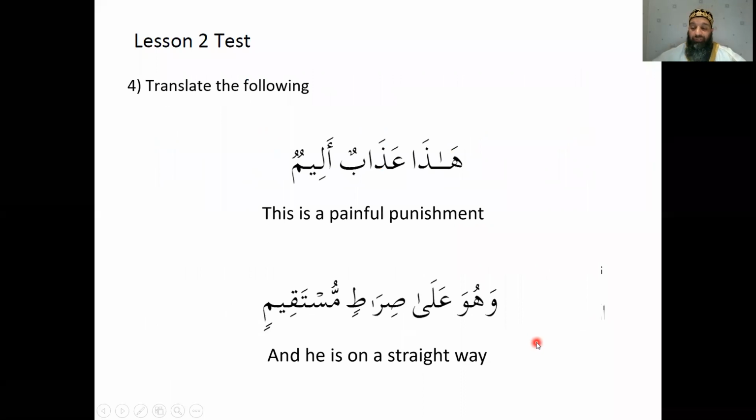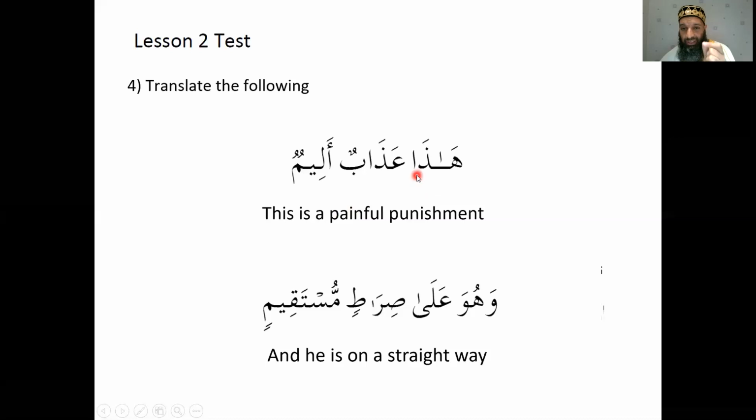Next one, translate the following. Hada adhabun alimun. This is what it all comes down to, if you can understand the verses of the Quran. So hada, this is. Now because we learnt the word the and now I tested you on this, it was a bit tricky.